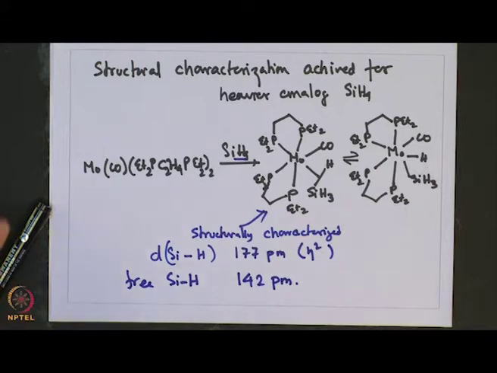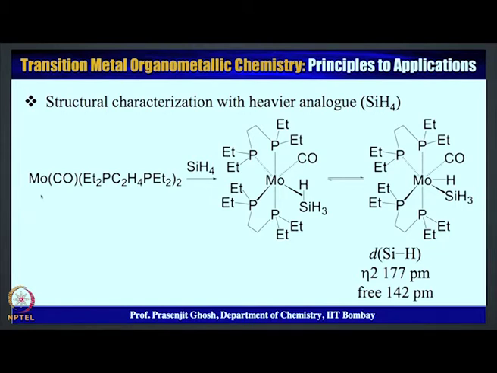So, what is becoming clear is that these transition metal sigma alkane complexes can be characterized by various techniques including UV, NMR, X-ray, and all these complexes have the prominent signature of a weakened CH or SiH bond. As a result, they have longer SiH bonds or weaker stretching frequencies, which can be picked up by various spectroscopic techniques.